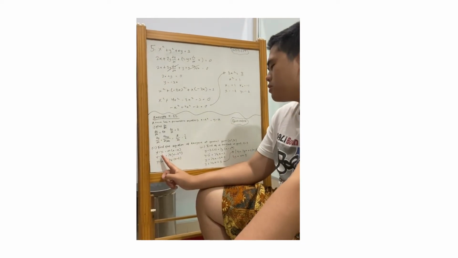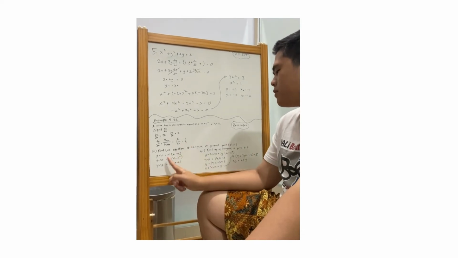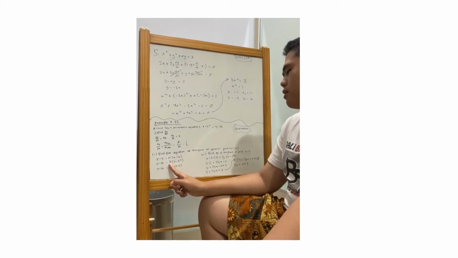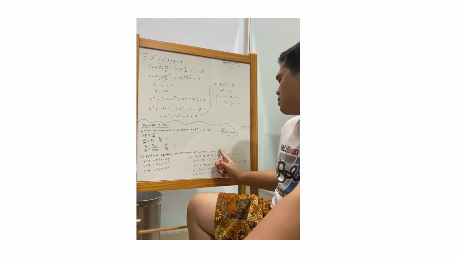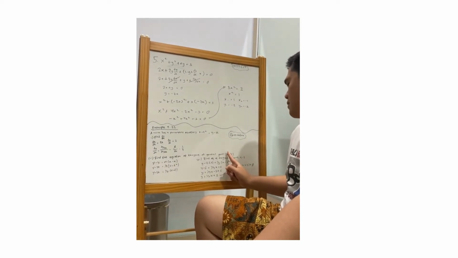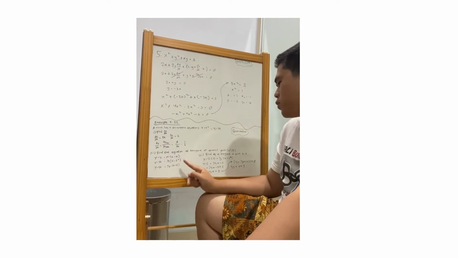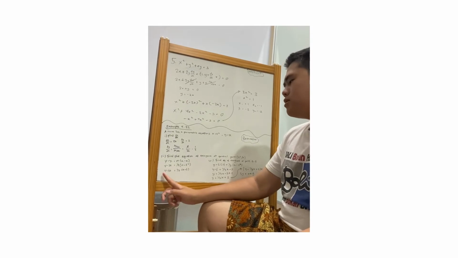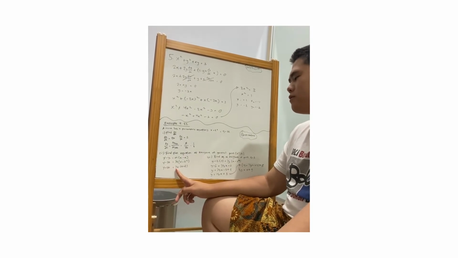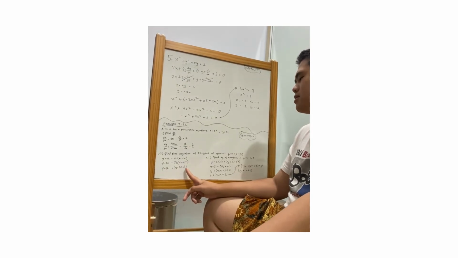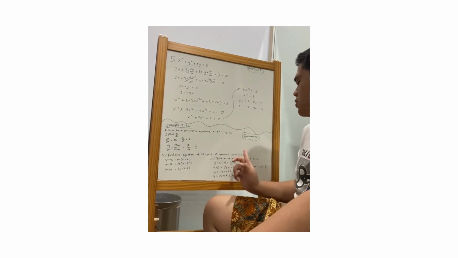We put it in y first, and then m, the gradient, 1 over t, and then x minus x1. x1 is t squared, so it is x minus t squared. So y minus 2t equals 1 over t times x minus t squared. So this is the equation of the tangent at general point t squared, 2t.